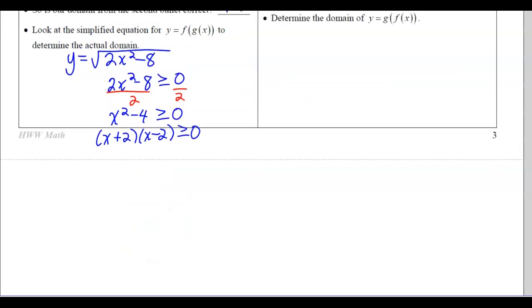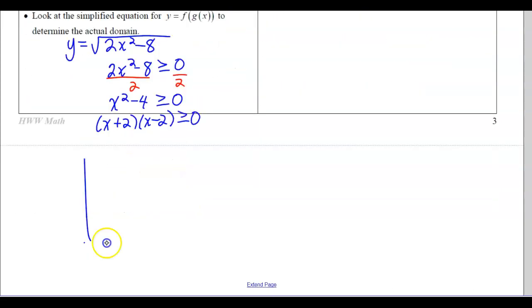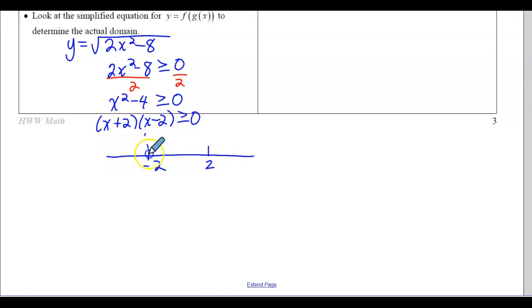And then remember, on a number line, that's going to be a parabola that opens up, and we're looking for the x values that make it greater than or equal to 0.